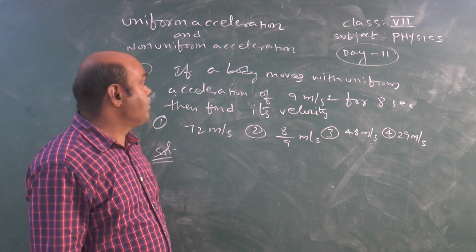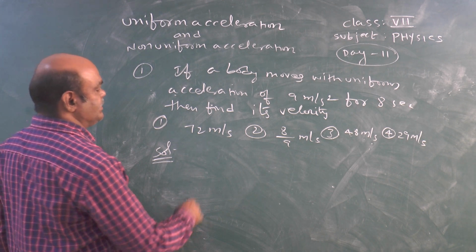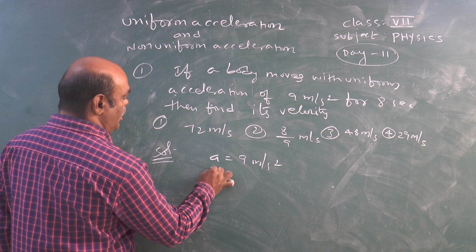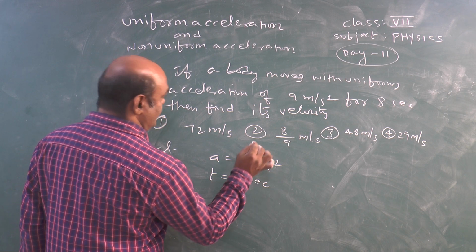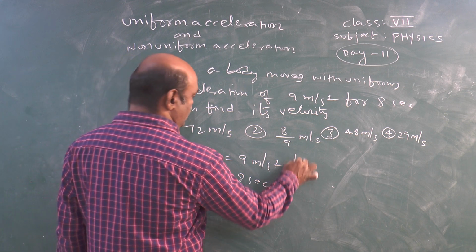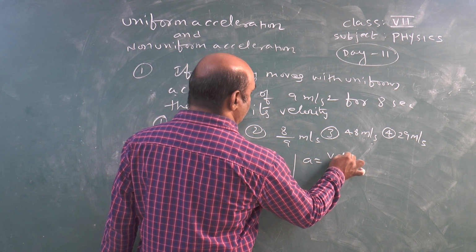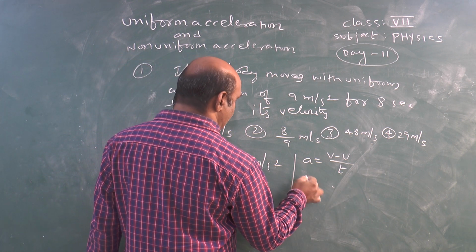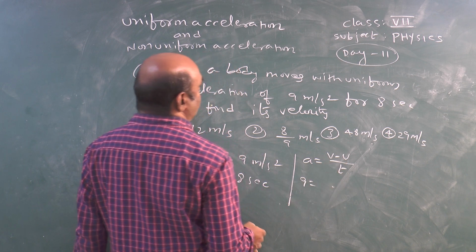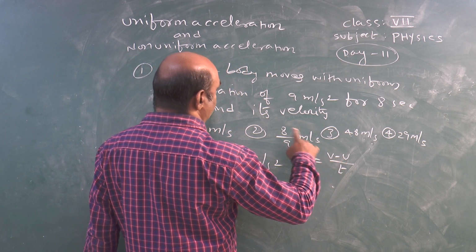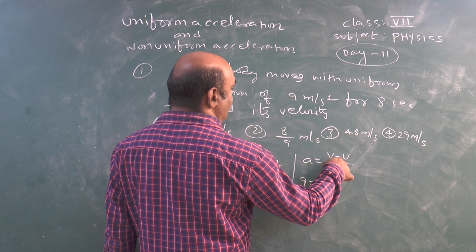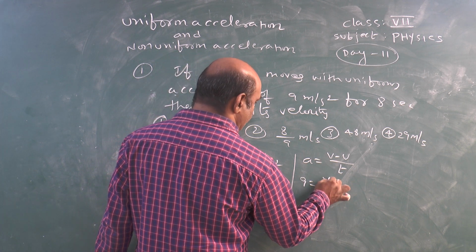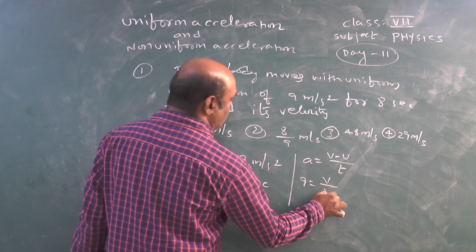If a body moves with uniform acceleration, the a value is 9 meter per second square and the time is 8 seconds. Then find its velocity. The basic formula is a equal to v minus u by t. Here v minus u is the change in velocity, so we take v, and the time taken is 8.